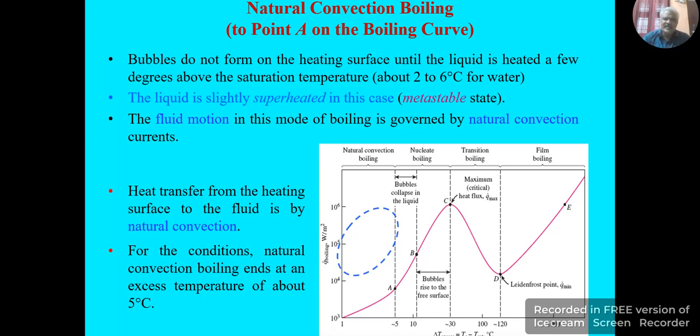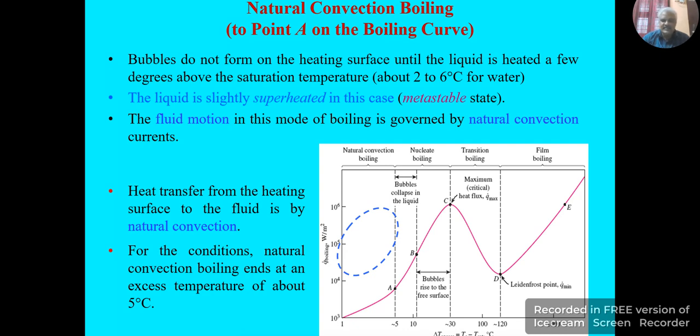So the liquid in this region is slightly superheated, and we call it a metastable state here. Heat transfer predominantly in this regime takes place by the natural convection effect here, and the delta T is equal to 5 degrees Celsius in this natural convection boiling.